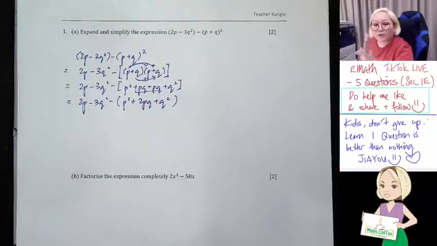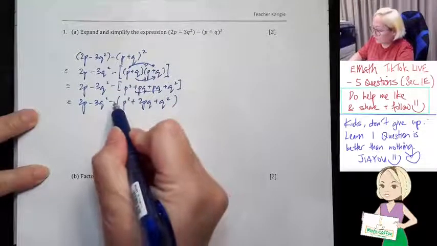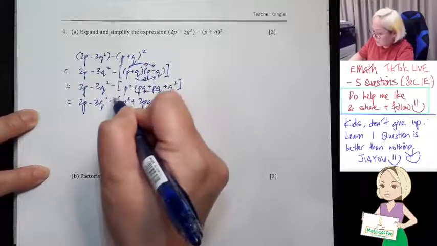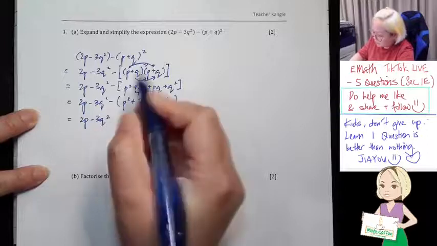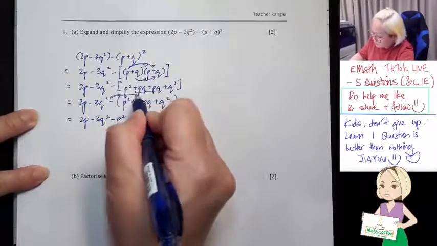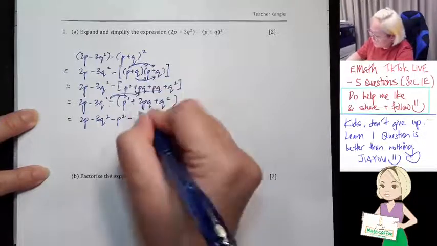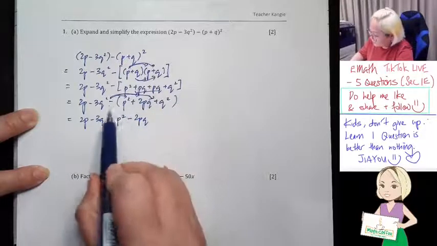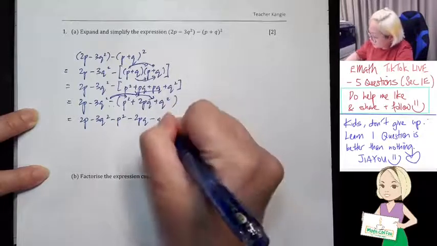Okay, so now we are ready to open up this one with the bracket. If you need to, you put a -1 here, but for me, I don't need to. So (2p - 3q) squared. Now let's see. This one times this one, minus p squared. This one times this one, minus times plus gives minus: 1 times 2pq, minus 2pq. This one times this one, minus times plus gives minus, and then 1 times q squared, minus q squared.